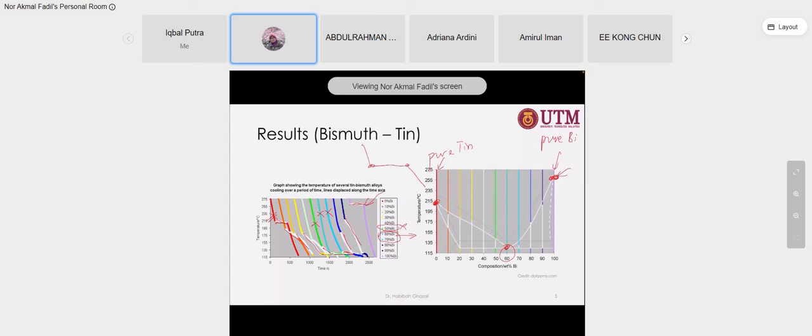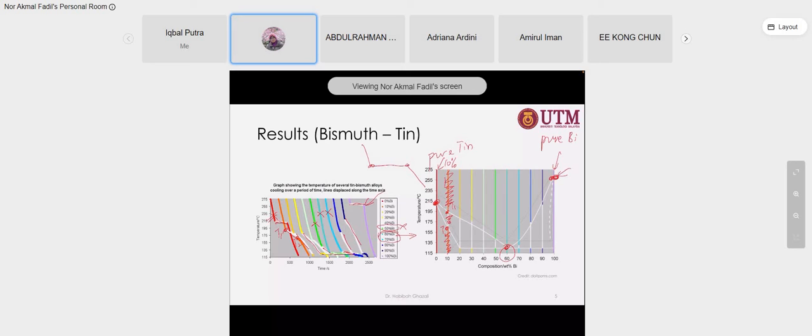So what about the 10% of bismuth? 10% of bismuth shows a gradient temperature, from T1 to T2. So this is T1 and T2, meaning that this is the liquid phase, this is liquid plus solid, and this is solid of 10% bismuth in 90% tin.